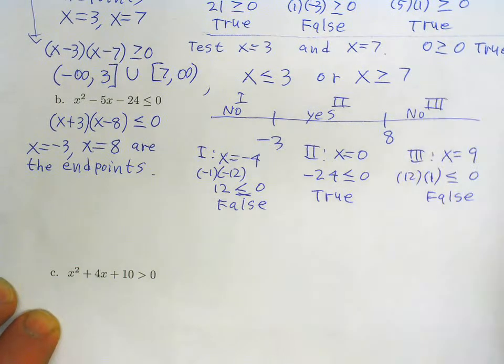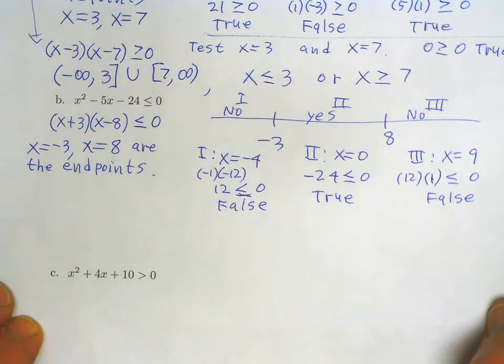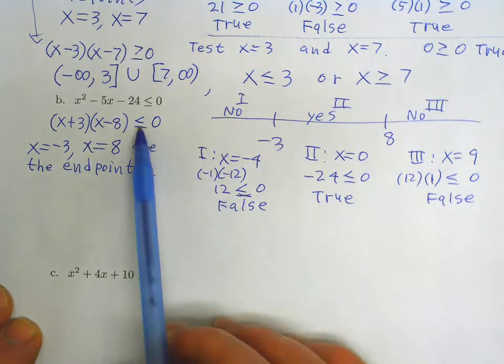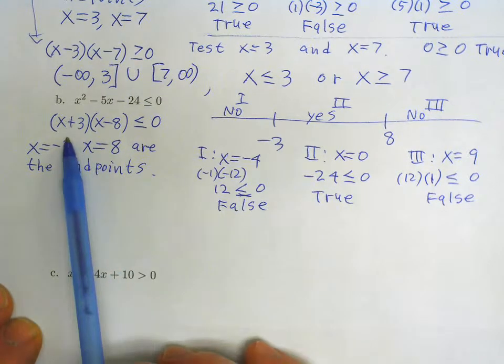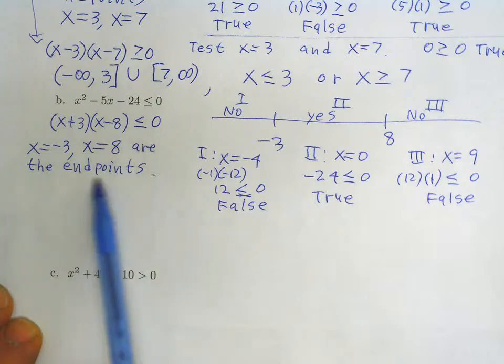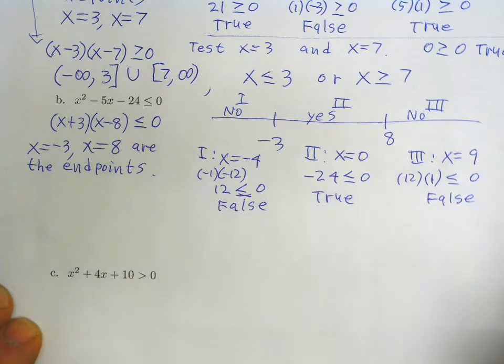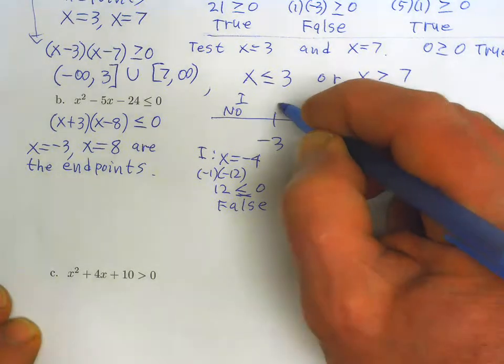So none of the numbers from 8 to infinity are solutions. And we include the endpoints because each of the two endpoints gives us 0 less than or equal to 0, which is true.